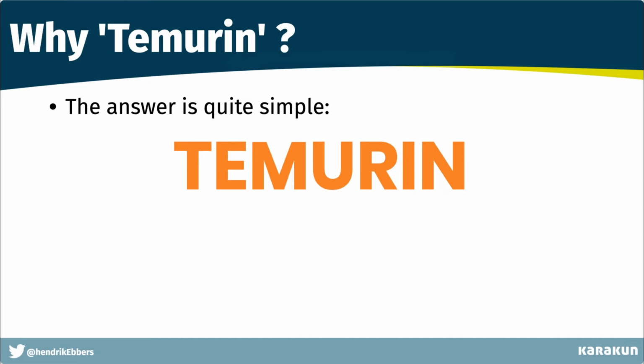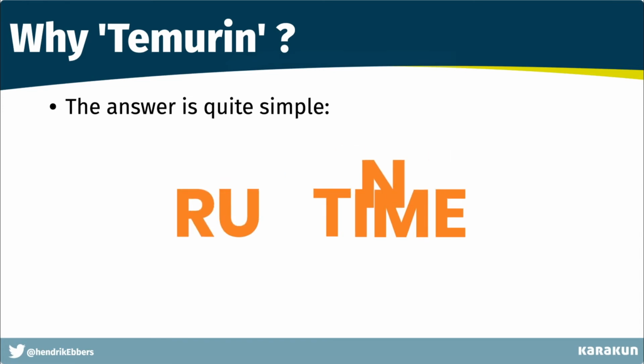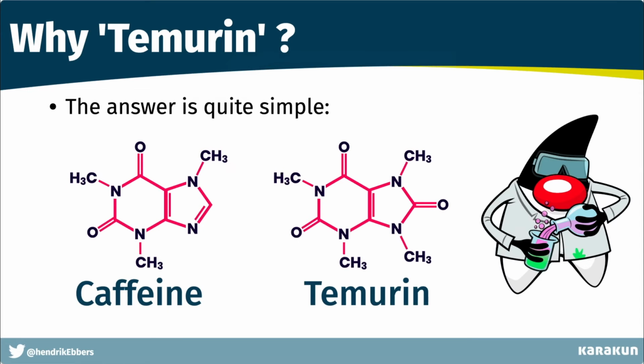So the first point is this one. As you can see, Temurin is an anagram for runtime, which is quite nice. And next to this, and this is really very cool, tamarind is the chemical element or chemical compound, I don't know, that is the nearest one to coffee.